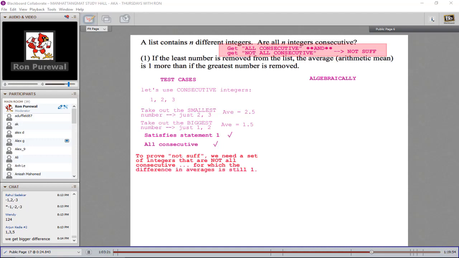This is the only thing that would be meaningful if we found it: a set where they're not all consecutive, but it still satisfies statement 1. Even if you have trouble actually finding cases, you need to know this. If this is not clear to you, then you should not keep working on the problem. You should just guess and stop.